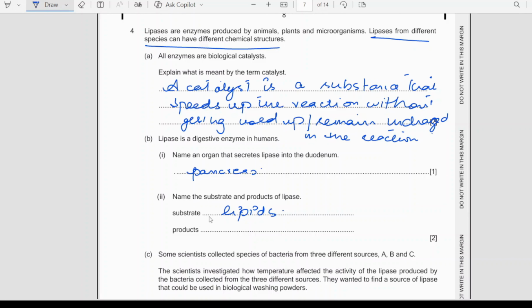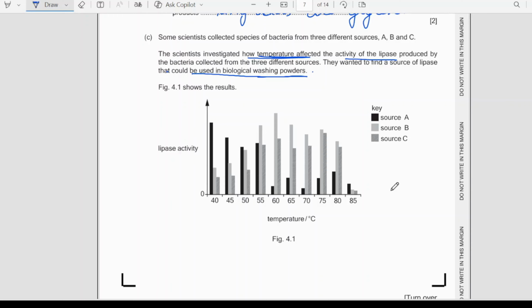Which one is better for biological powder, A, B, or C? Okay, think again. Which can also bear more temperature.